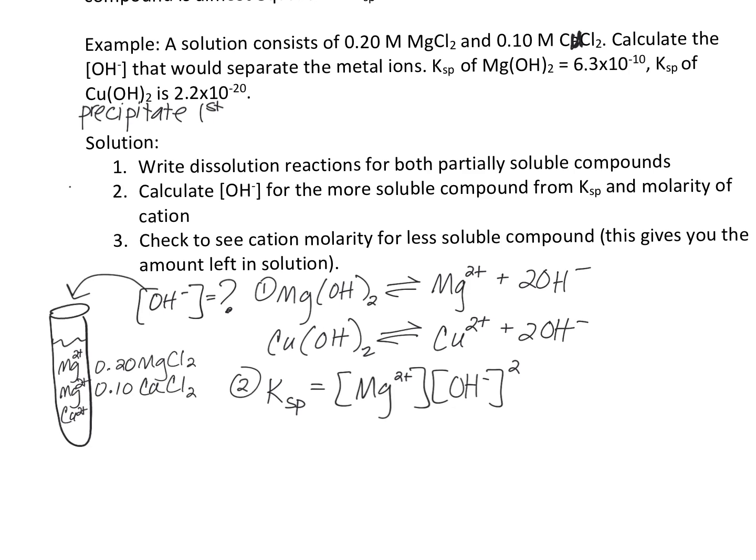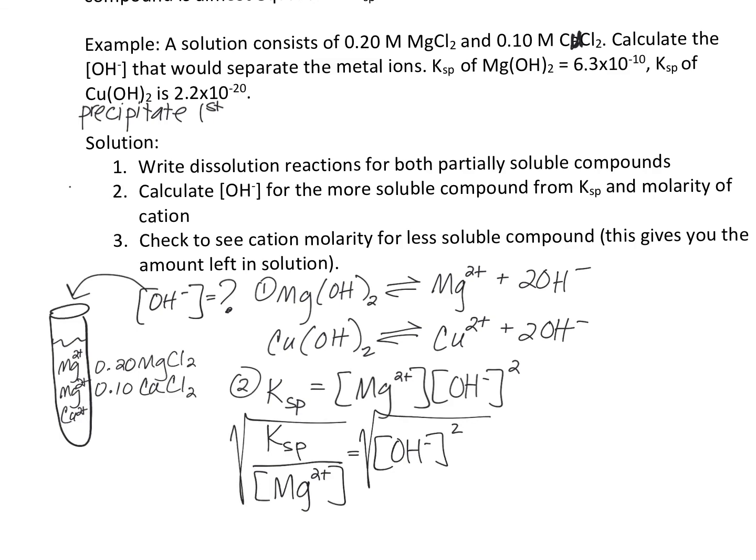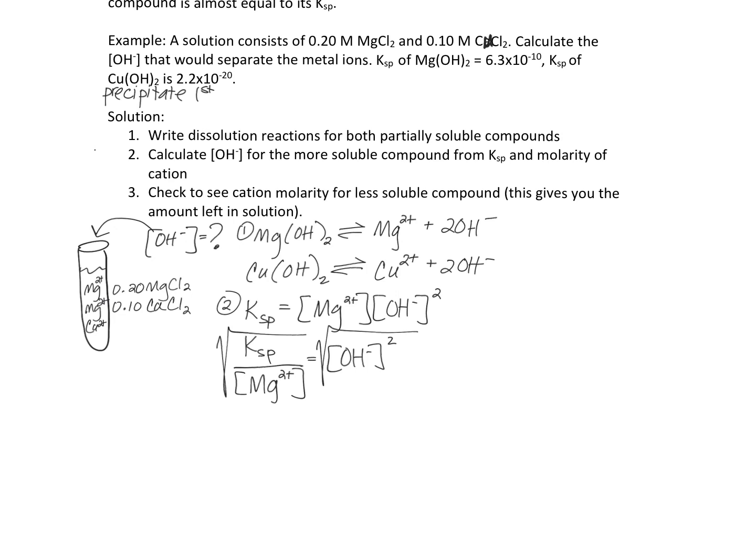I want to solve for hydroxide concentration. So that means Ksp over magnesium is going to equal hydroxide squared. I can square root both sides to get that hydroxide concentration is equal to the square root of Ksp over magnesium.